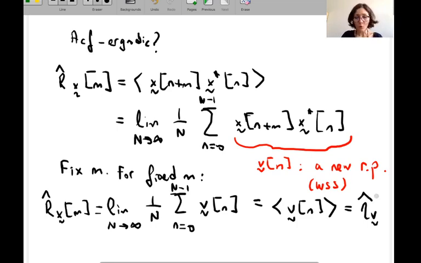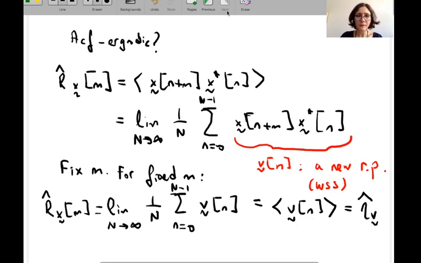Now the big question is, we don't know yet if Vn is an ergodic process or not. So we're wondering whether this time average estimate is actually equal to the true mean of the random process Vn. We don't know yet whether this occurs or not.